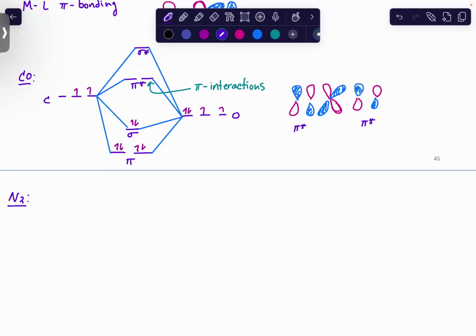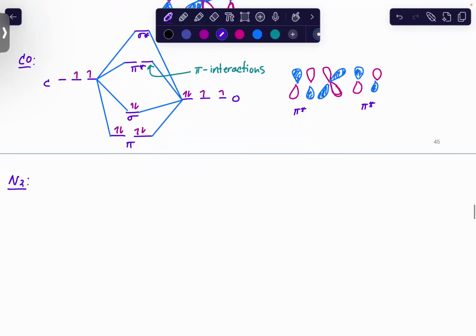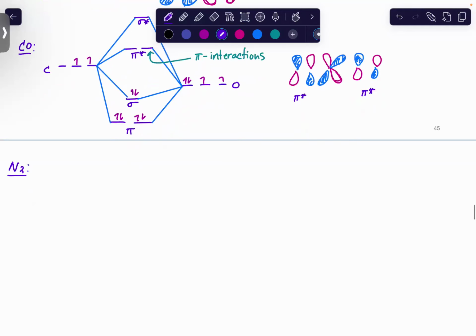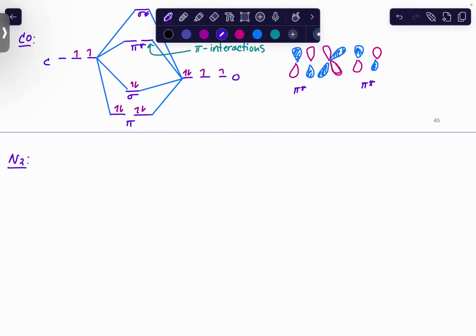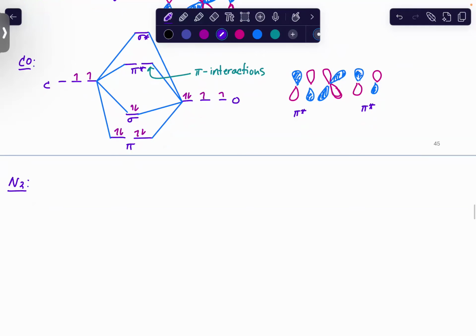You only really need to worry about the 2p level. Will it be a pi acceptor or a pi donor? Draw out the 2p molecular orbital diagram.